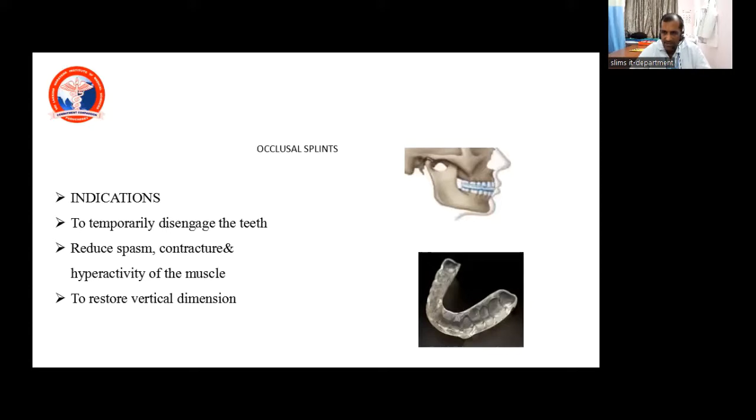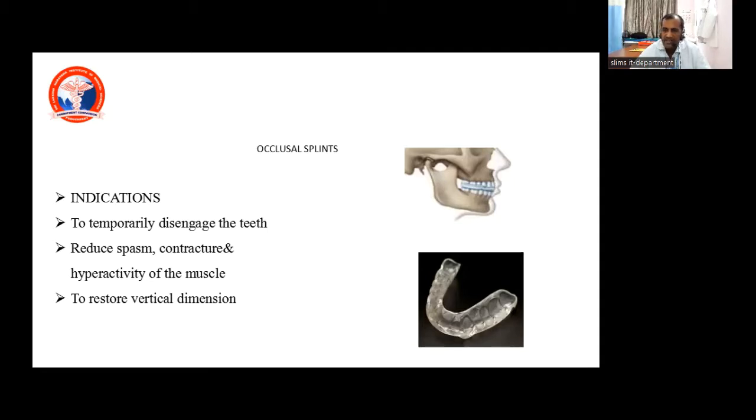The basic concept behind this splint therapy is to reduce the stress, to temporarily disengage the teeth, give rest to the joint, reduce the spasm and contracture, and reduce the hyperactivity of the muscles, most commonly the lateral pterygoid.